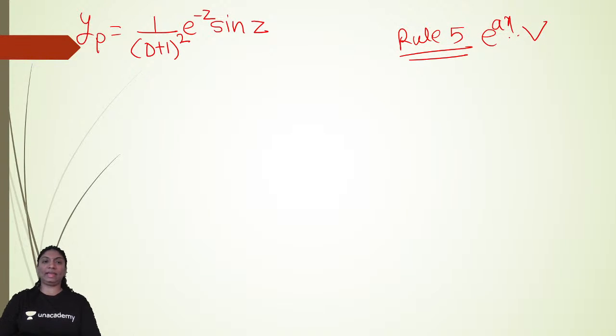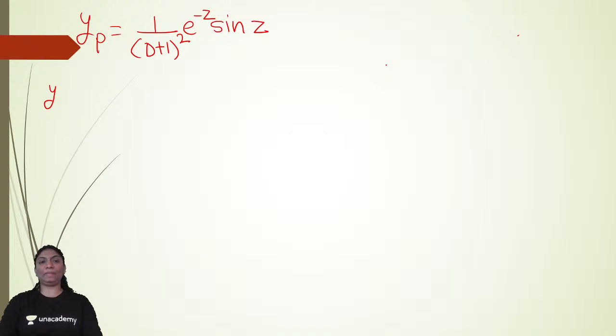For e raised to ax into v, replace d by d plus a: 1 upon f of d plus a into e raised to az into v.